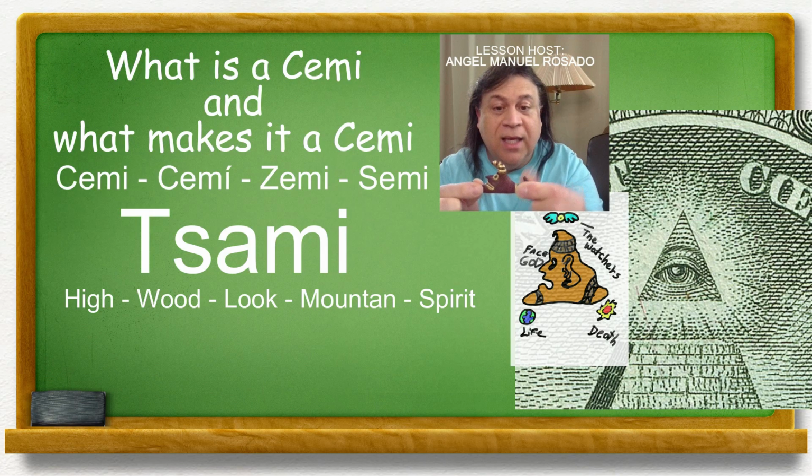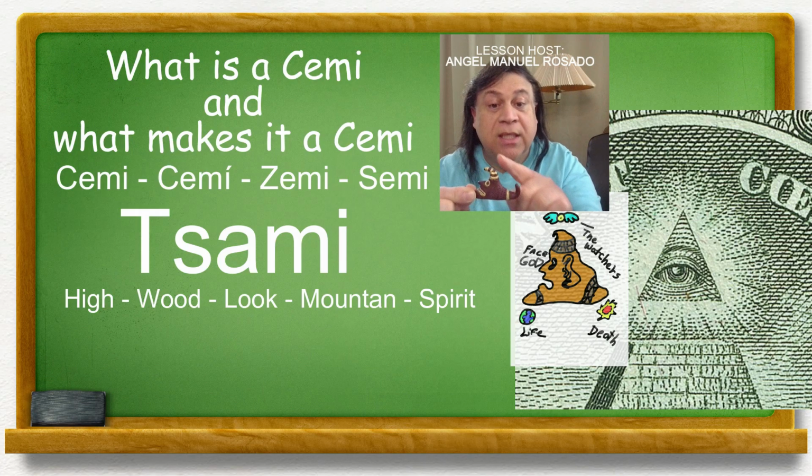A Cemi is made out of wood. A Cemi has the shape of a mountain because it's great. And also a mountain has a spirit. And the Cemi has the spirit of the Lord, of nature. So here, the word Cemi explains itself.